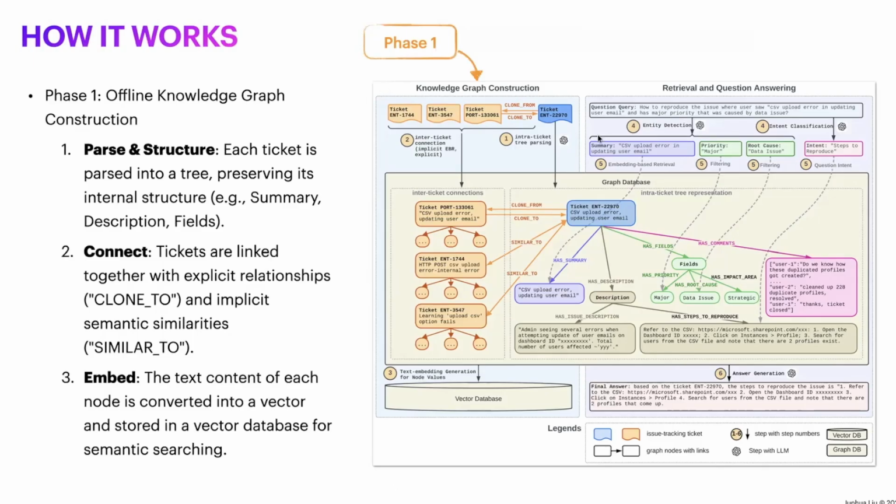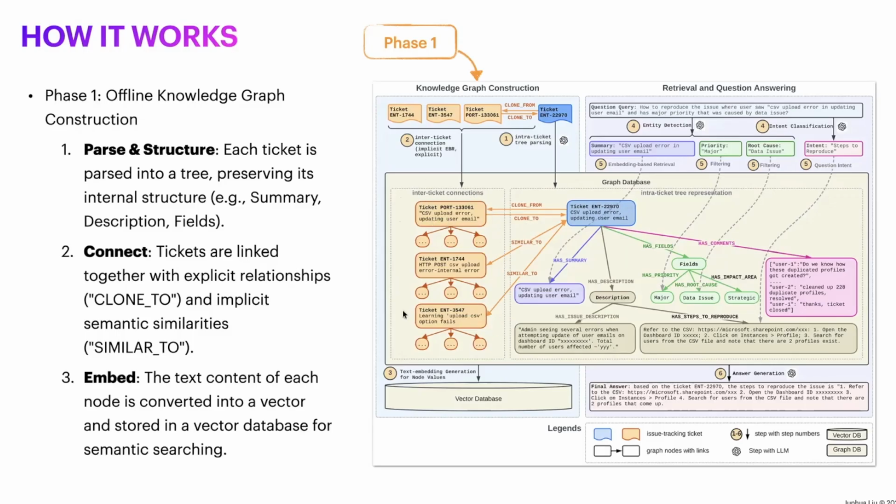Phase one is the offline knowledge graph construction. We can see that it starts from here. Step one is parse and structure. Each ticket is parsed into a tree, preserving its internal structure. Here it says summary, and then we have description, and then there are some fields. A ticket will be parsed into a structure, and then you will try to connect the tickets together. So here there are other tickets. It will try to link from and to existing tickets.